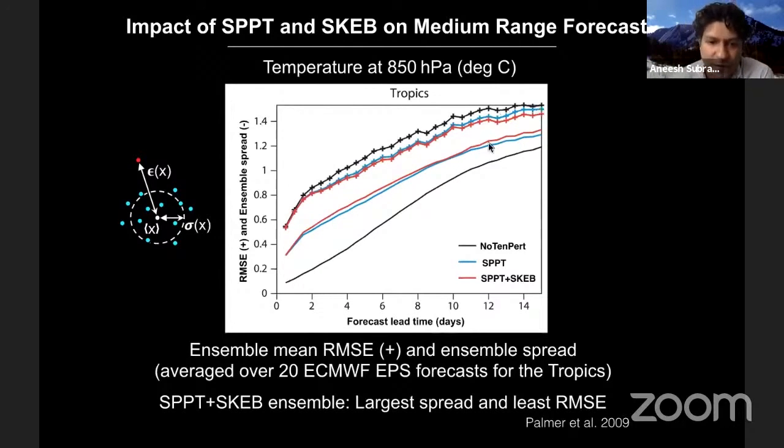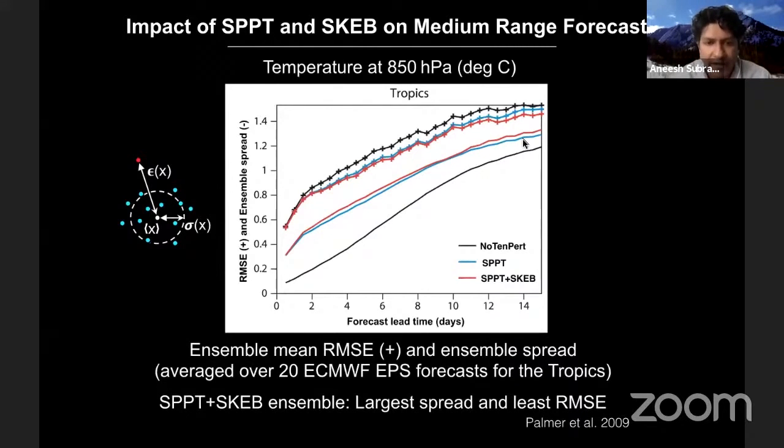So if we look at, for instance, a 4-day forecast of temperature, the error in this solution can be up to 1 degree C. And what's plotted in these straight lines without the symbols is the ensemble spread. So this is a probabilistic forecast.